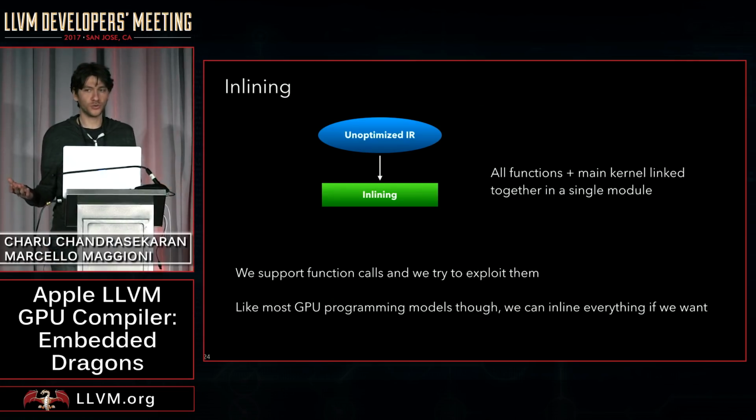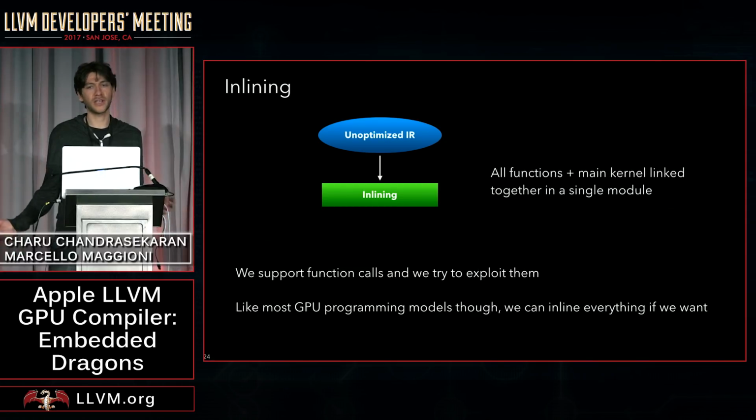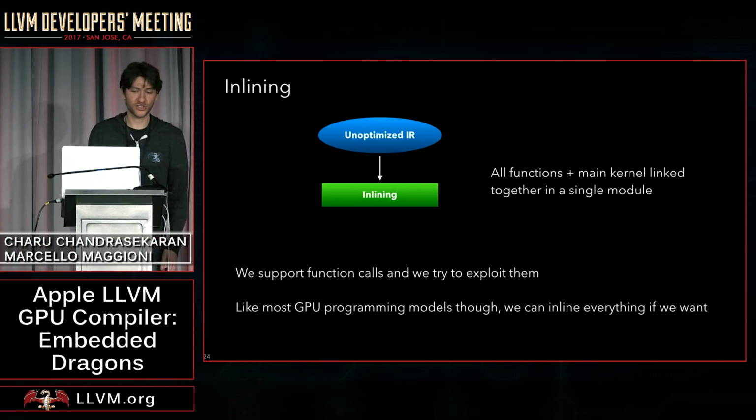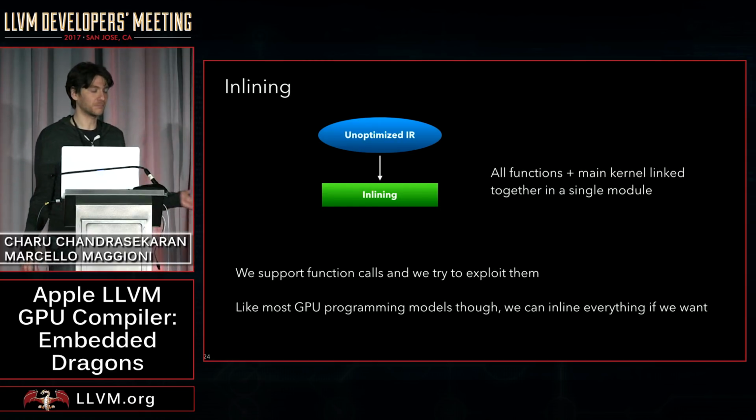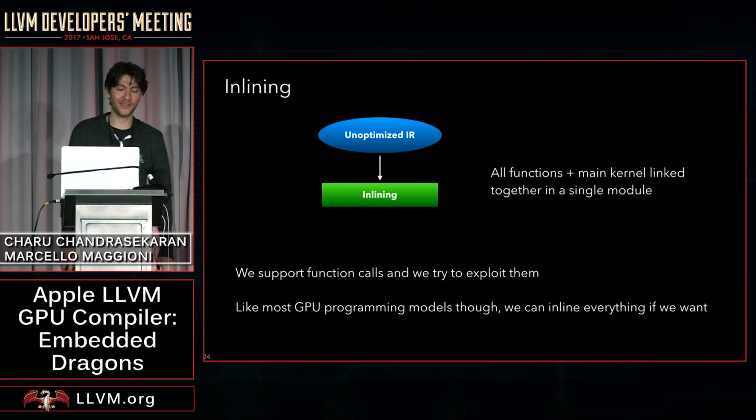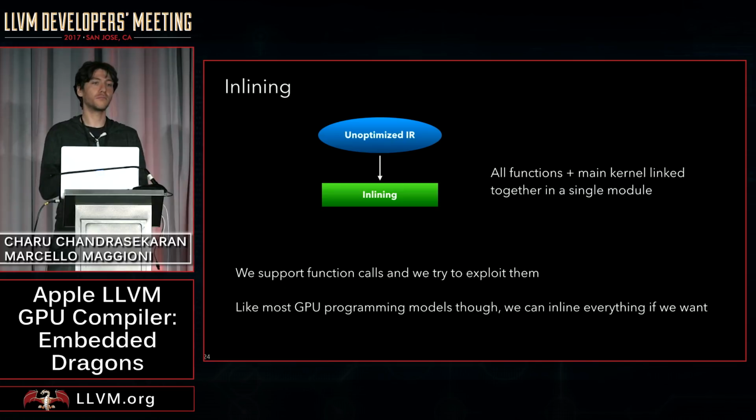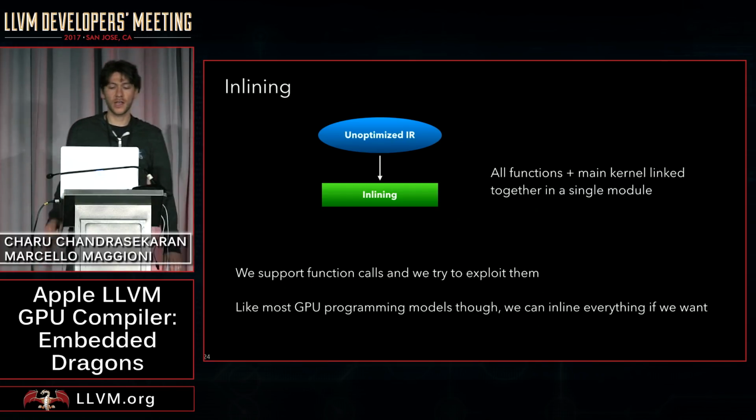But typically, GPUs use to inline most of the code because function calls have costs, like they have branches. They have prologues and epilogues on function. They can generate the saving and reloading of registers that uses the stack. As Charu mentioned, it's very expensive. So inlining most of the code is usually the safest solution.